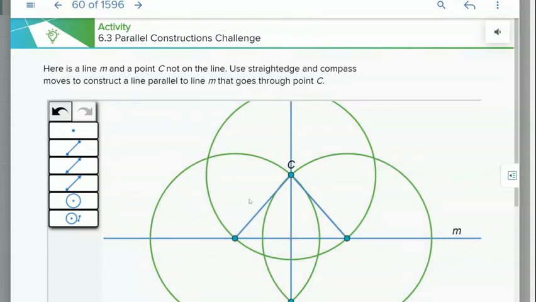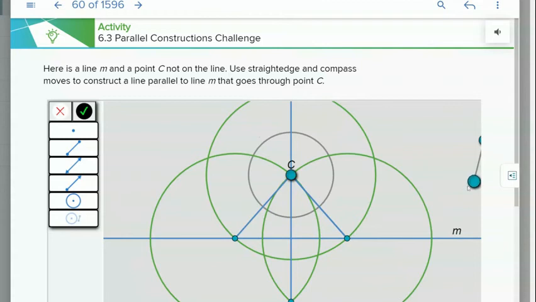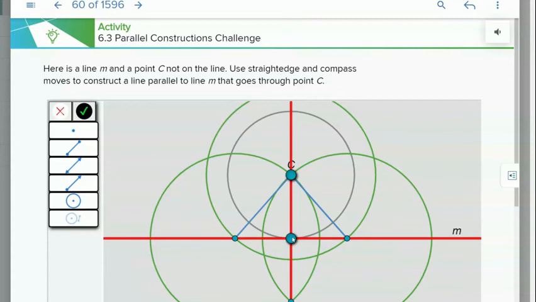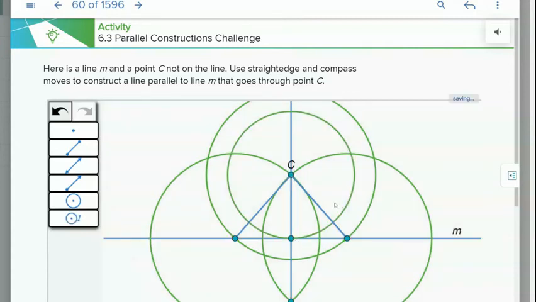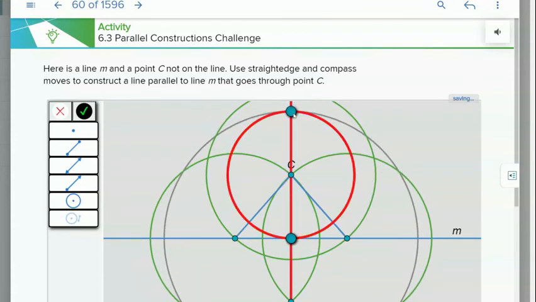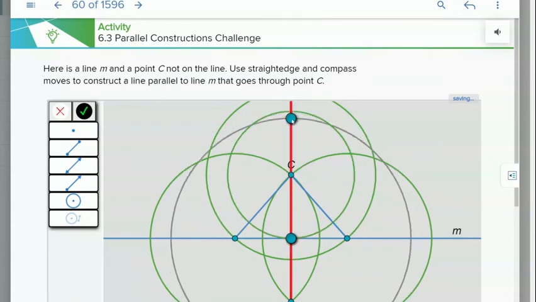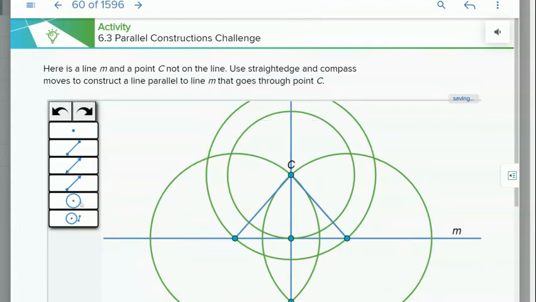And then, now that we have a line going through C, now we can create some more circles. So let's create a circle on point C. It's a little bit smaller than the first circle. And then I want to create two more circles. One here, going all the way out to that new circle that we created. It looks like I messed up on that.